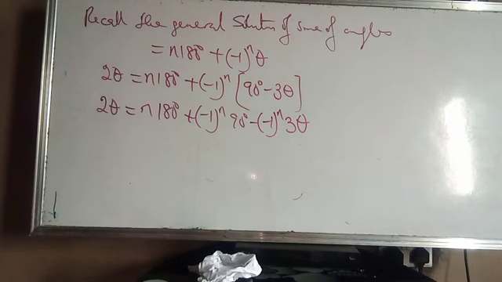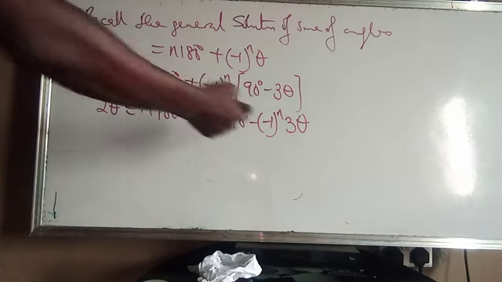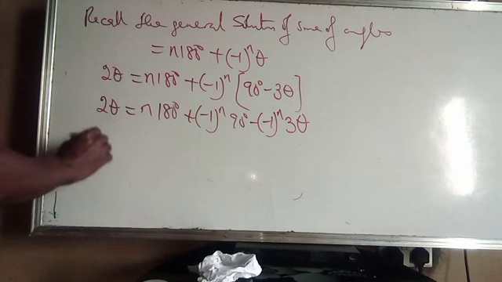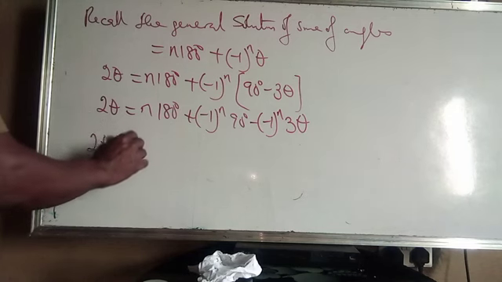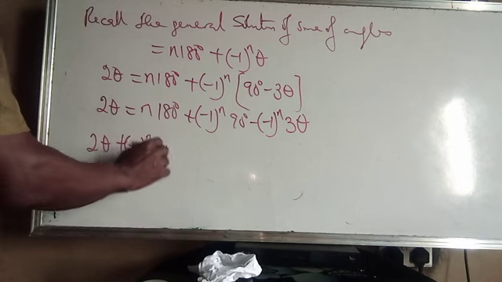Beautiful. So by collecting like terms, when this one comes here it will become plus. So we have 2 theta plus minus 1 raised to n 3 theta.